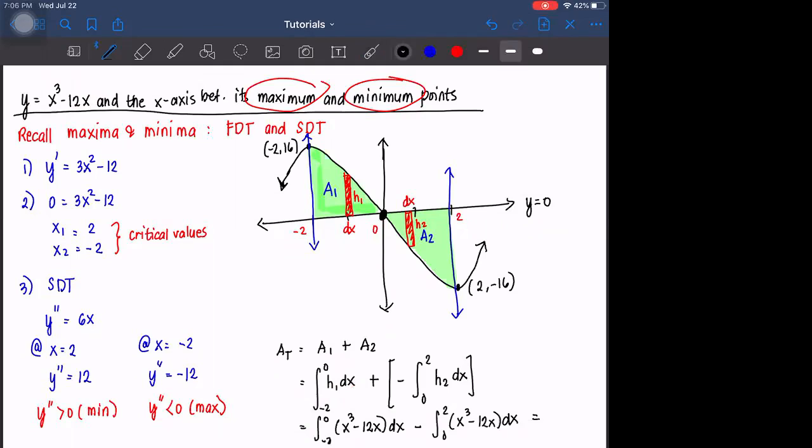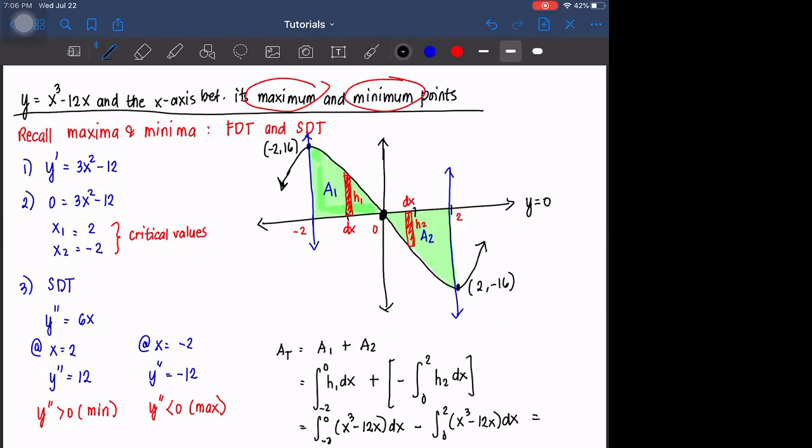And so, please compute. Forty. Pila? 40 square unit.